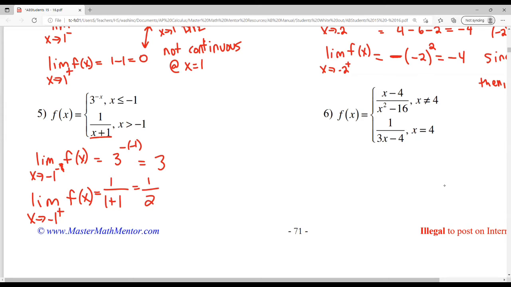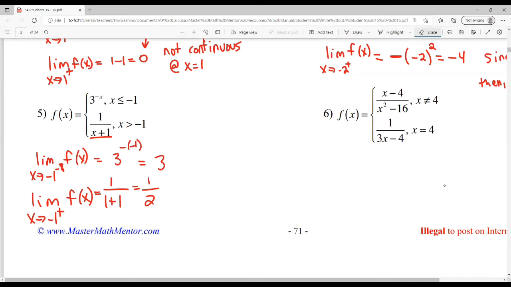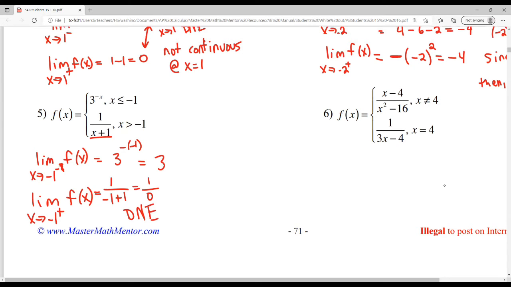And since that limit doesn't exist, man, we don't get 1 over 1. My bad. This should be a negative 1. We get 1 over negative 1 plus 1, which is 1 over 0, which doesn't exist. Either way, we end up with the same conclusion, that the limit doesn't exist.